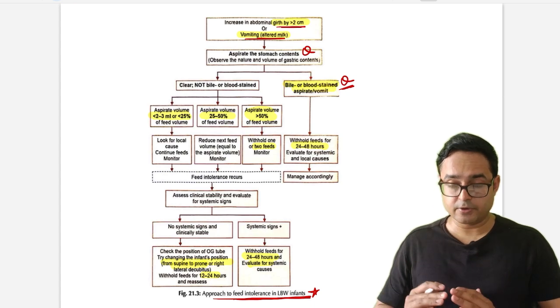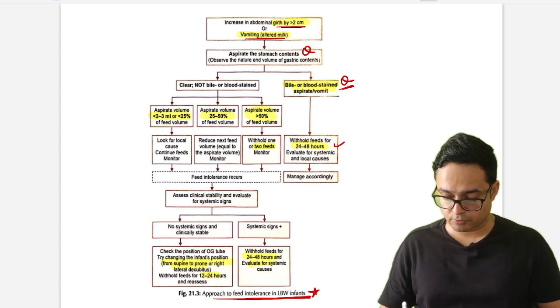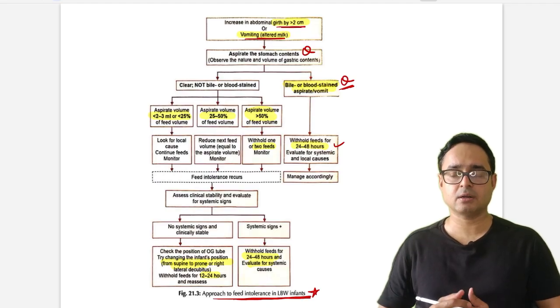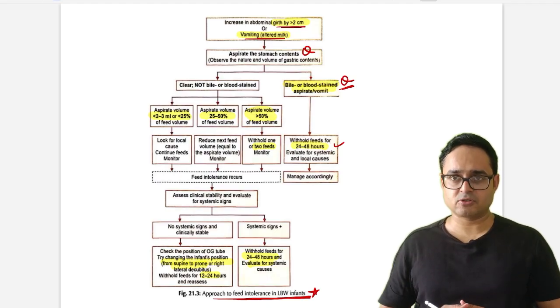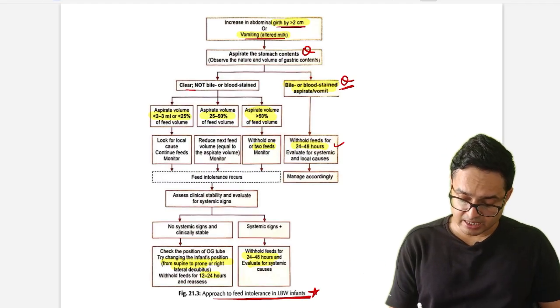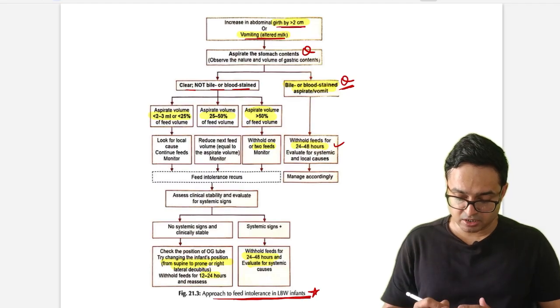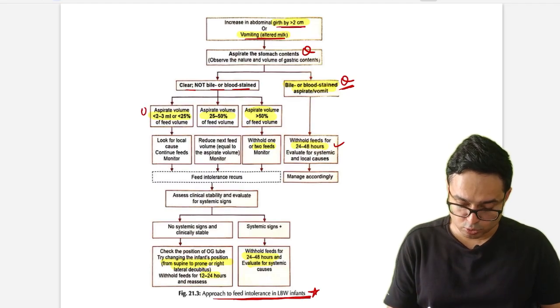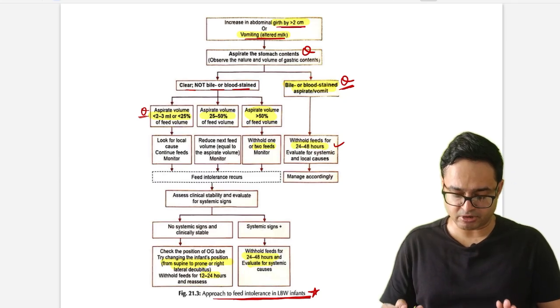If you have aspirated the gastric content, see if it is bile or blood stained. If it is bile or blood stained, just wait for 24 to 48 hours and evaluate the patient with X-ray or USG. If the gastric content is clear, not bile or blood stained, and the aspirate volume is less than 2 to 3 ml or less than 25% of feed volume, it can be transient.